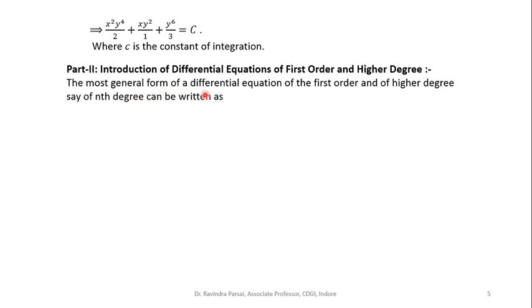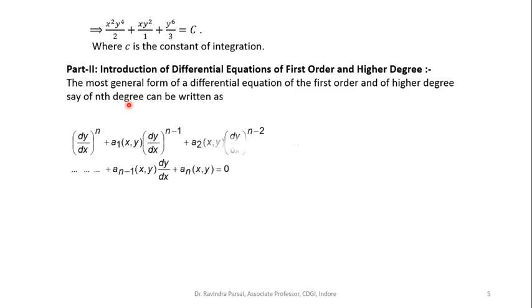The most general form of a differential equation of first order and of higher degree, say of nth degree, can be written as (dy by dx) raised to n plus a1 of x, y (dy by dx) raised to n minus 1 plus a2 of x, y (dy by dx) raised to n minus 2, and so on, until you get a term as a function of the independent variable x and dependent variable y, the constant term an of x, y, equal to 0.